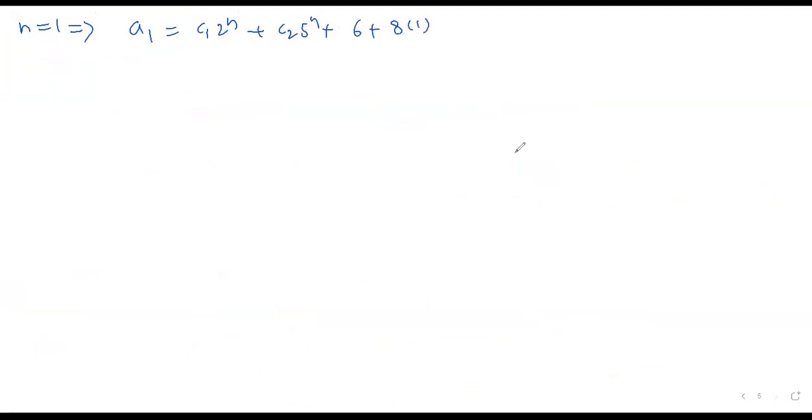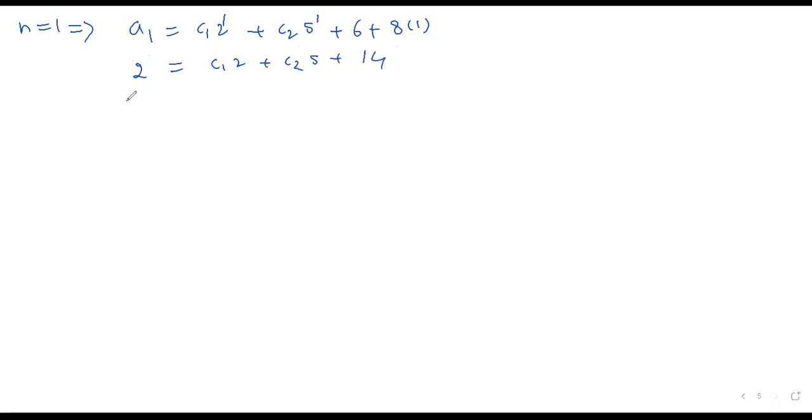My dear students, at the place of n, I told you to substitute 1 only: C1 2 power n plus C2 5 power n plus 6 plus 8. Since a1 equals 2, we get 2 equals C1 2 plus C2 5 plus 8 plus 6, which is 14.